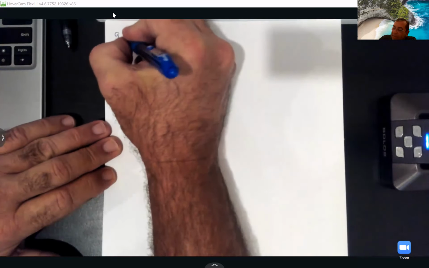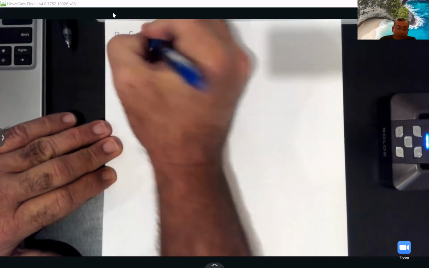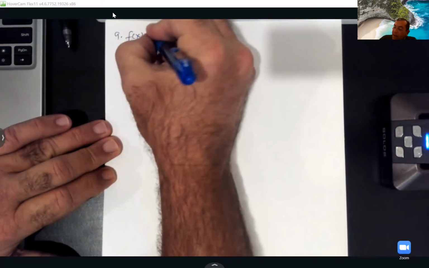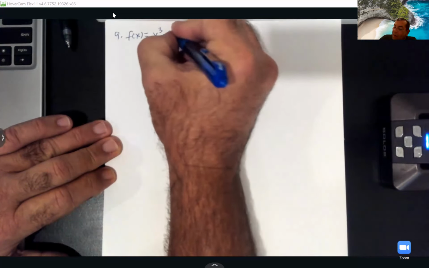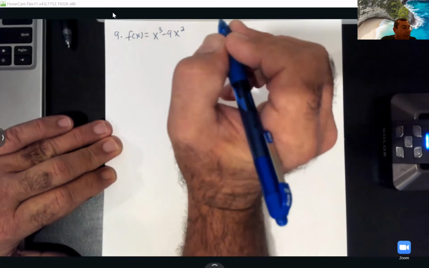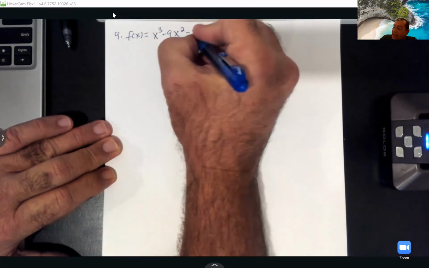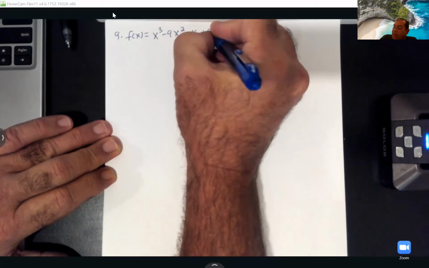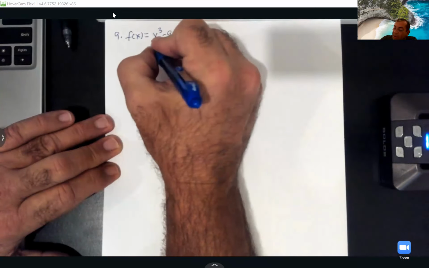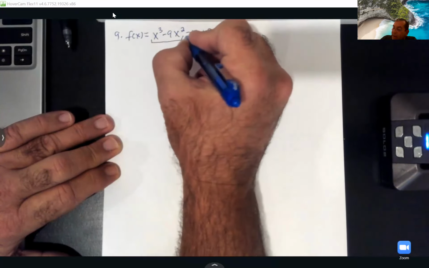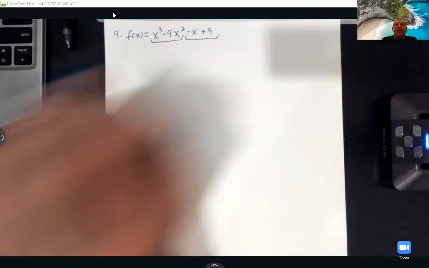So y'all, 9, and they're similar. F of x equals x to the 3rd minus 9x squared minus x plus 9. So 4 terms again, we're going to group the first 2 together and the second 2 together.